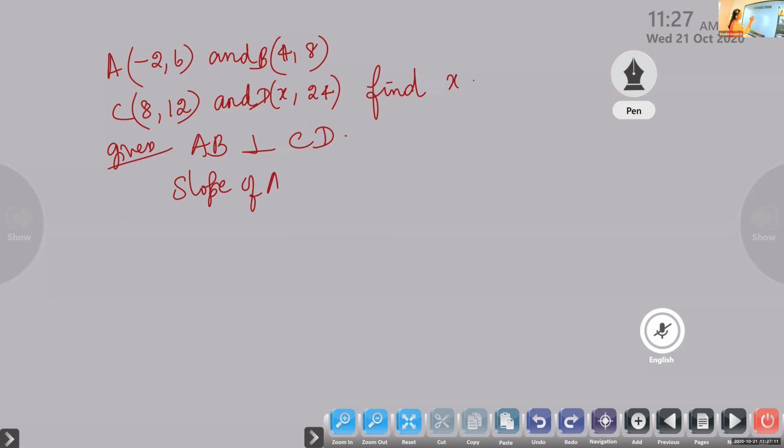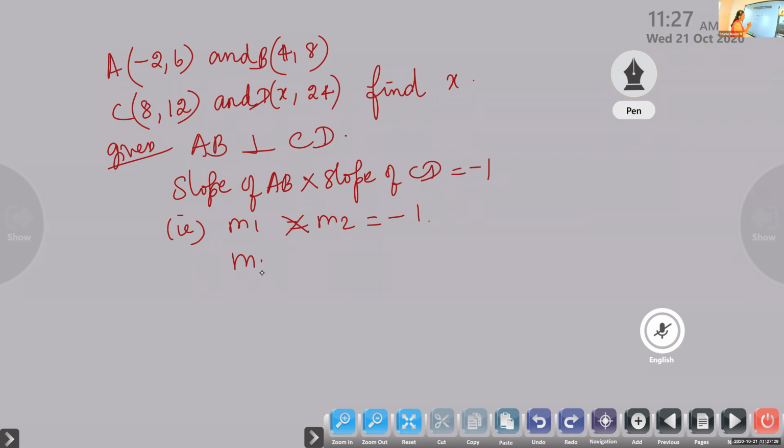Slope of AB into slope of CD, that is M1 into M2, is equal to -1.